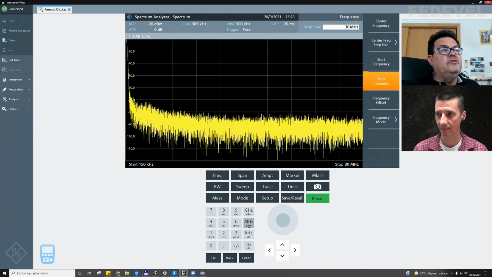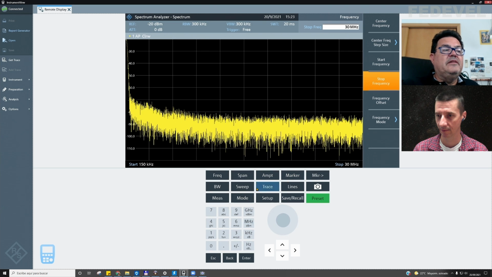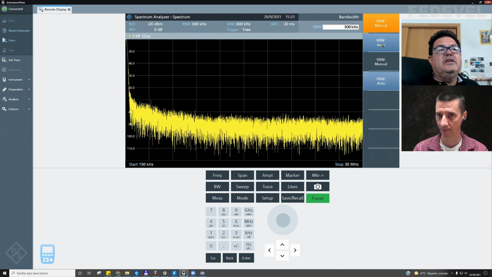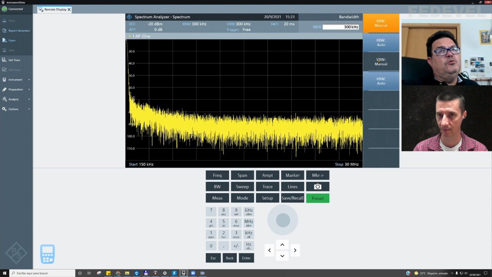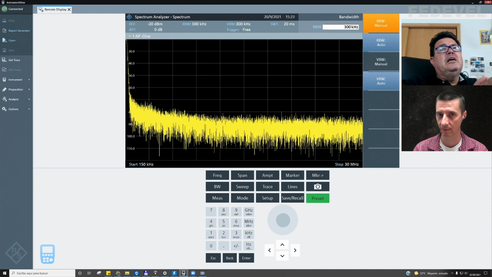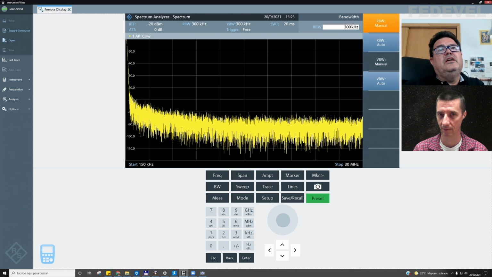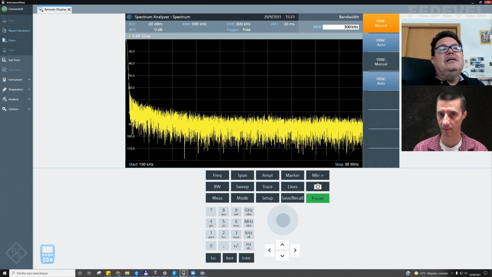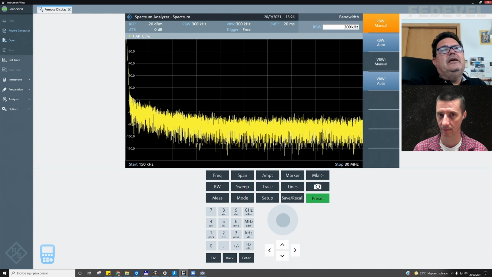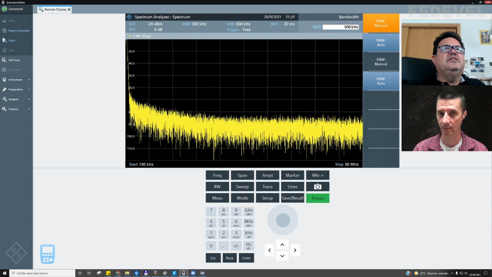And in a spectrum analyzer, you usually have options called bandwidth, and you can select the resolution bandwidth or the video bandwidth. They are different. The resolution bandwidth is related to how the signal is processed in the chain of the input port, and the video bandwidth is a filter that is used at the end of the chain to change how you see the signals on the screen.